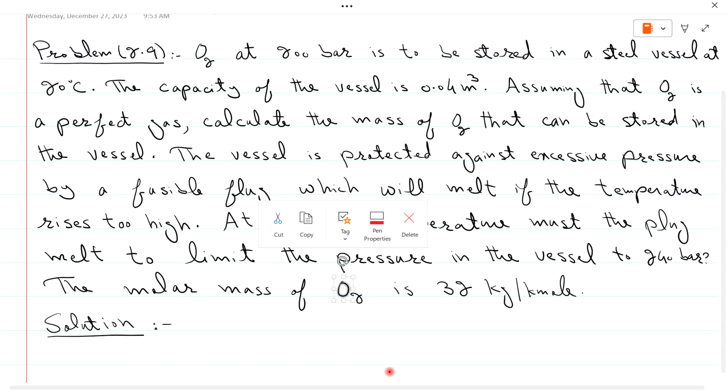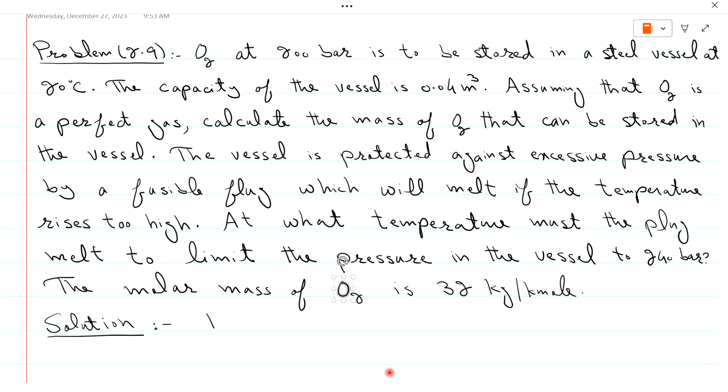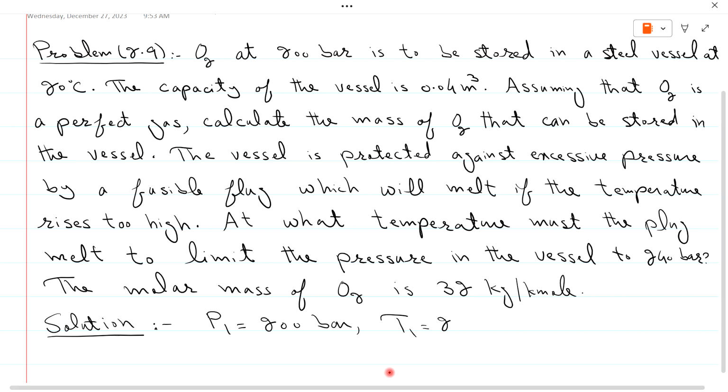In the current lecture, we are solving problem 249. In problem 249, O2 at 200 bar is to be stored in a steel vessel at 20 degrees centigrade. It means that initial pressure P1 is equal to 200 bar and initial temperature T1 is equal to 20 degrees centigrade.